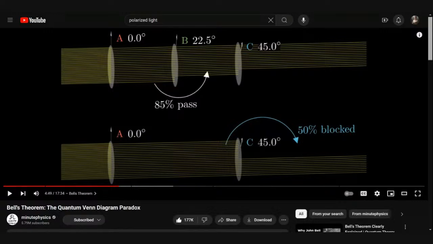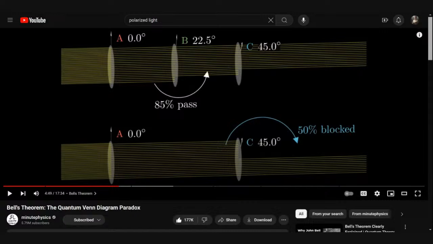If the person says, I am 0 degrees, then I let them in. If they are 90 degrees, then I don't let them in. And everything in between, I let them in based on the cosine squared of what they say.